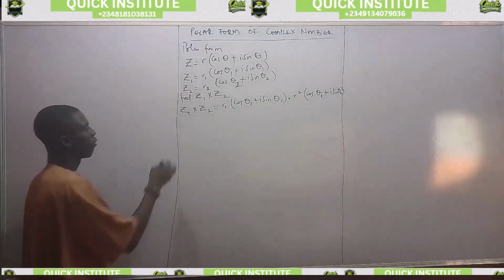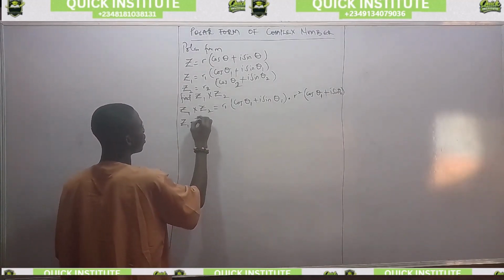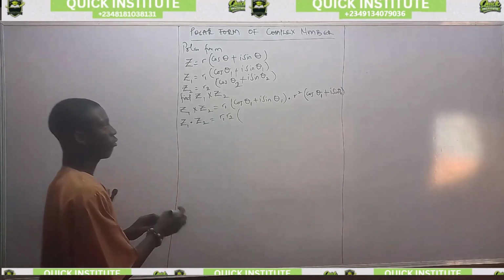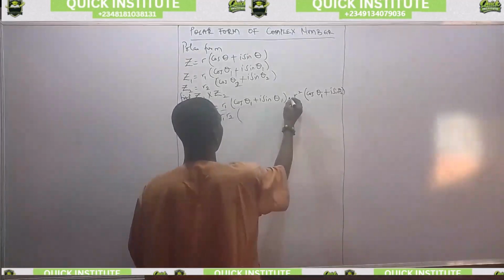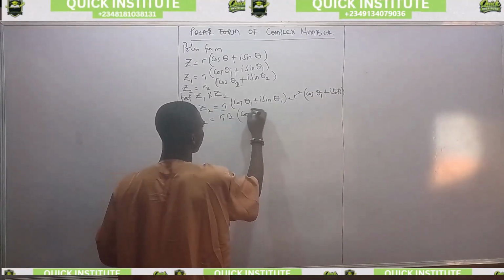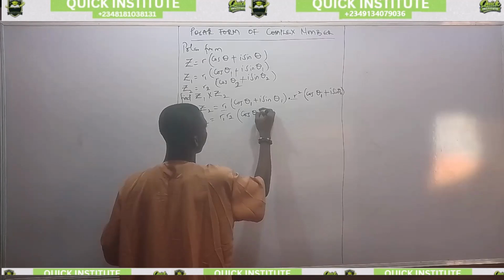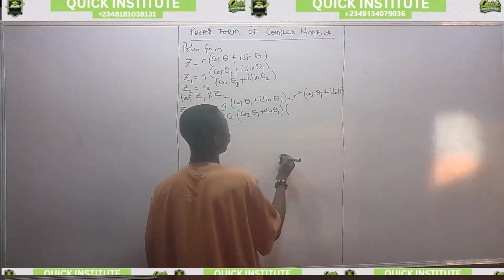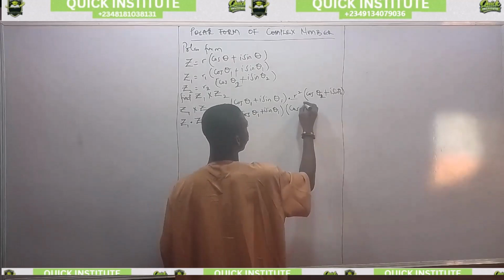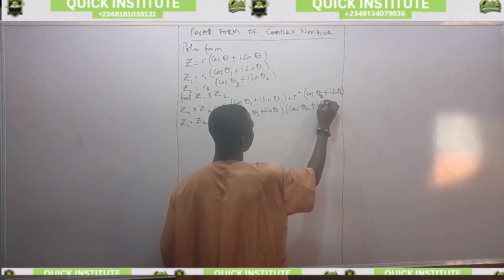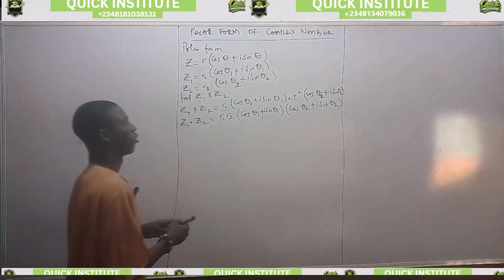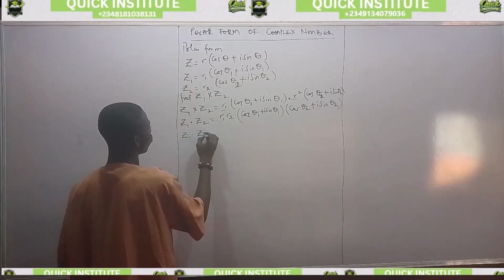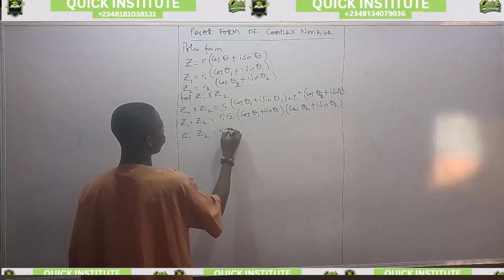So z1 z2 is r1 r2 multiplied by (cos theta 1 plus i sin theta 1) multiplied by (cos theta 2 plus i sin theta 2).